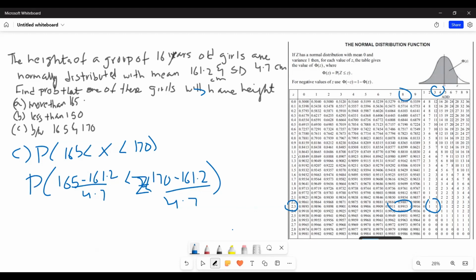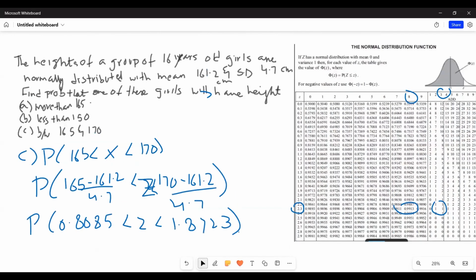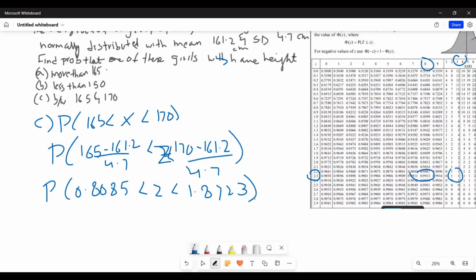This gives us probability 0.8085 less than Z less than 1.8723. The general rule is you find the bigger probability, then the smaller probability, and subtract the result. So probability Z is less than 1.8723 minus probability Z is less than 0.8085.